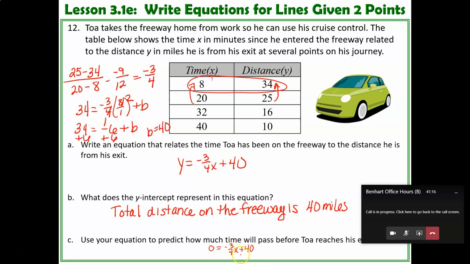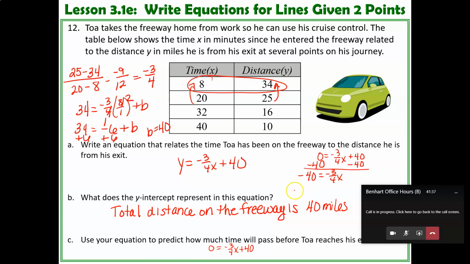So the first thing I'm going to do, I'm going to go up here. I'm going to subtract 40. So I have -40 equals -3/4 x. If we divide by a fraction, we flip it upside down.